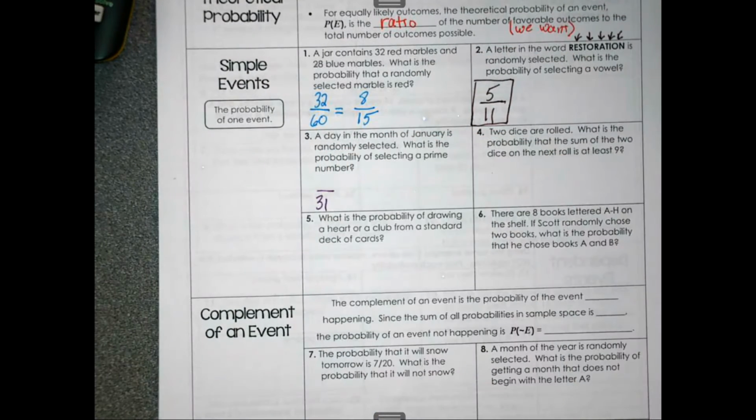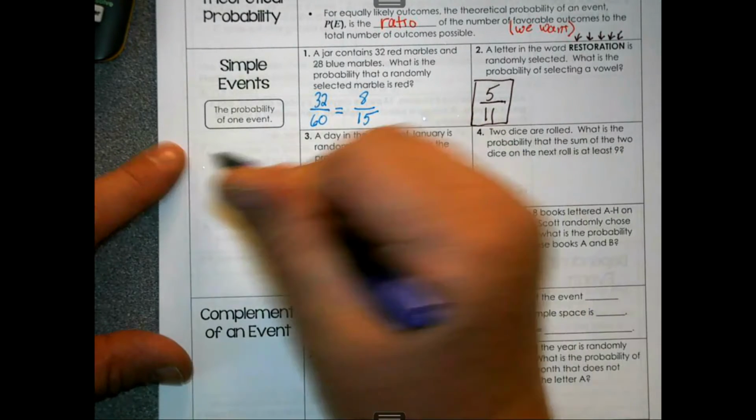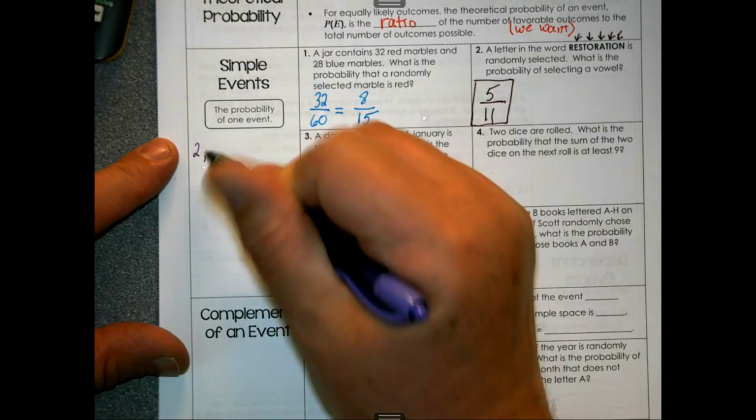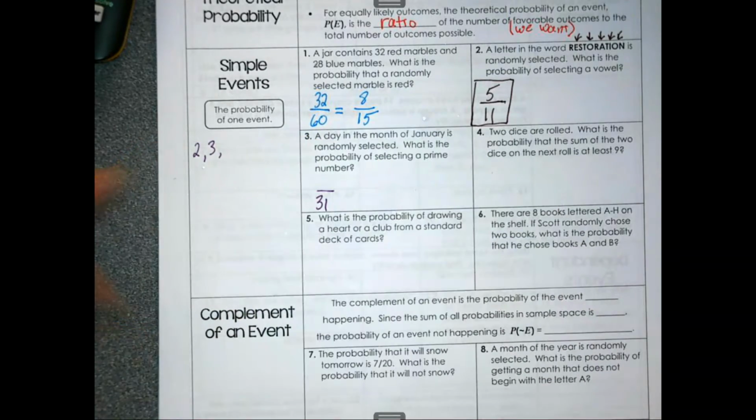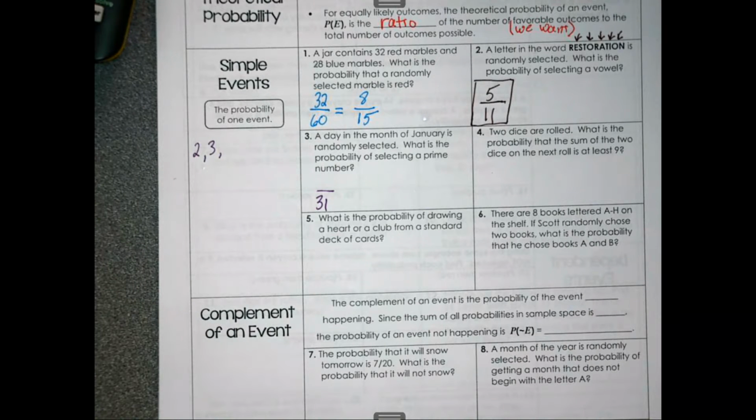Okay, my prime numbers. 1 is not prime. 2 is. 3. By the way, what's a prime number? Its only factors are 1 and that number. It can't have any other factors. So, like the number 4 is 2 times 2, that is not prime.